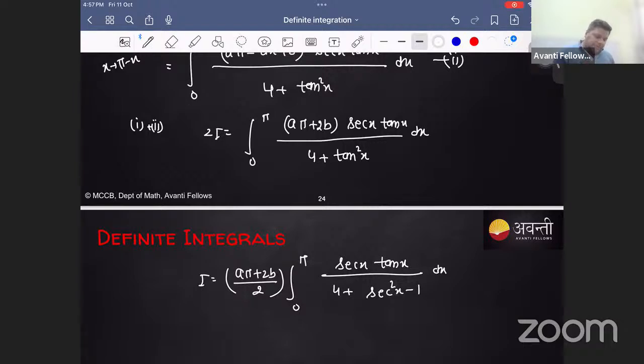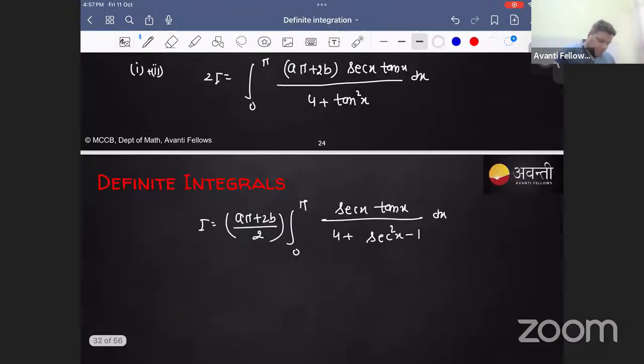Now see, this sec x function is not continuous at pi by 2. So directly we should not do it. It is a pi plus 2b by 2.